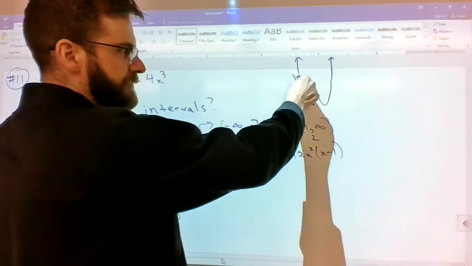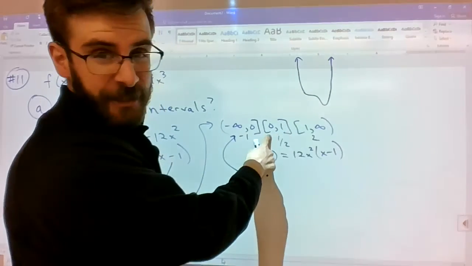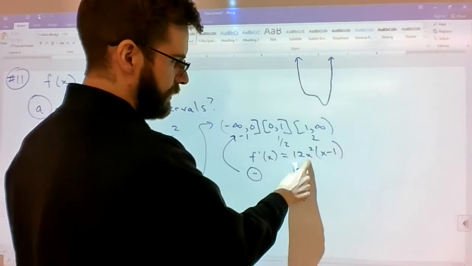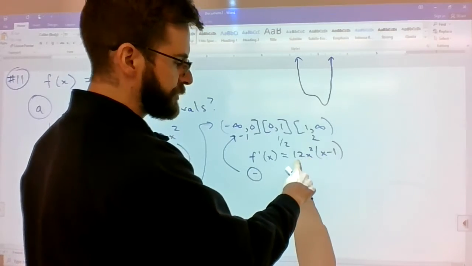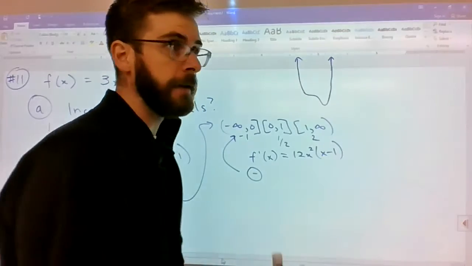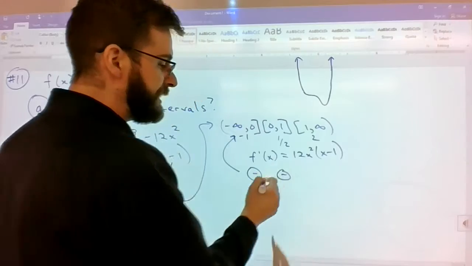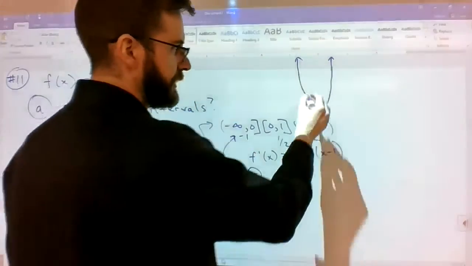Seems to make sense. Now, if it's one of these, this should be decreasing once again. What's 1/2 squared times 12? It's positive. What's 1/2 minus 1? It's negative. That's also negative, which means it continues to decrease.